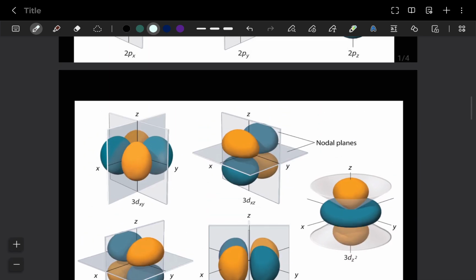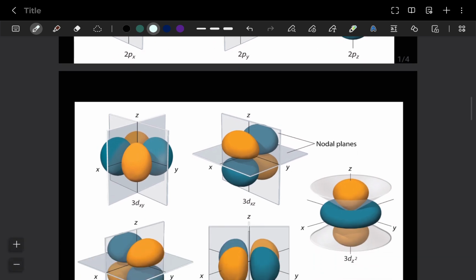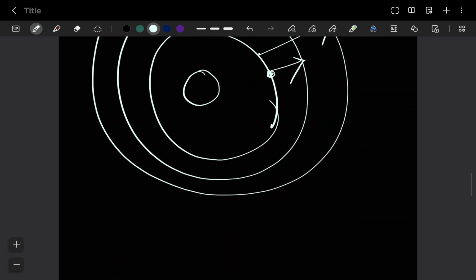You will say, ma'am, the electron in hydrogen is in the 1s orbital, so why so many orbitals? These orbitals exist. The electron in a resting hydrogen atom is in the 1s orbital, but when the electron gets excited, it can jump into a higher energy level.